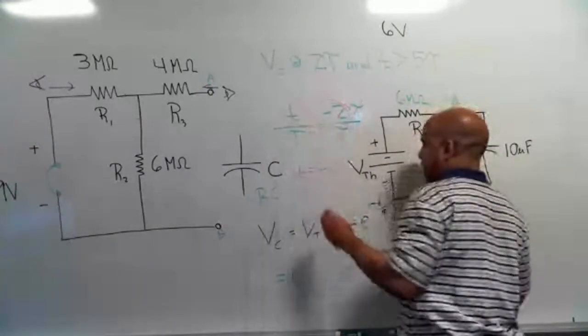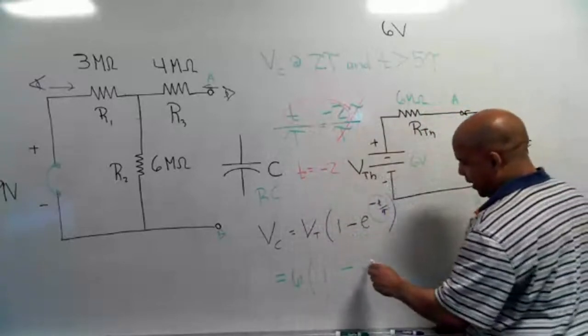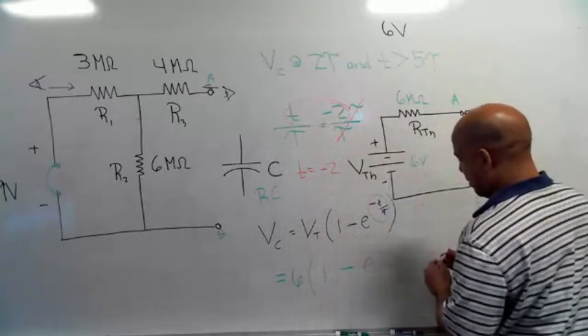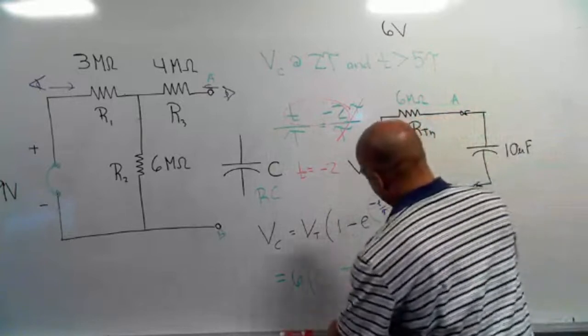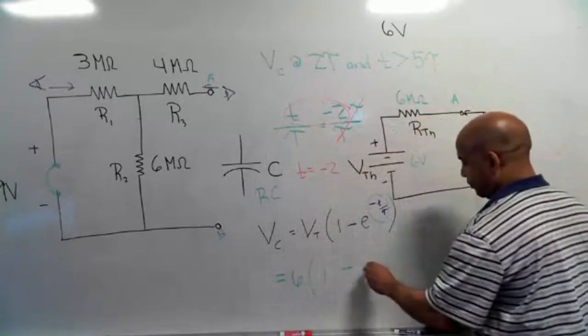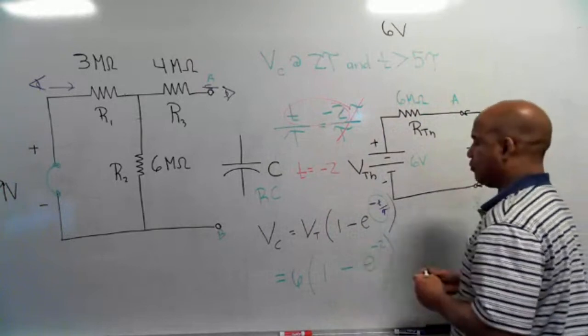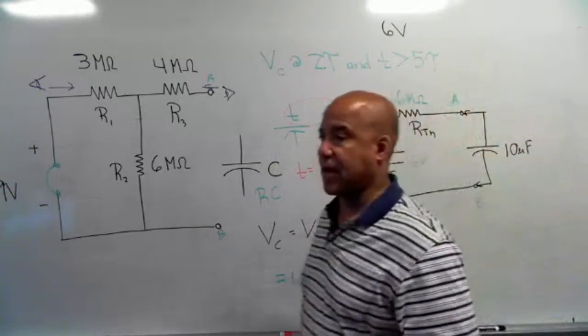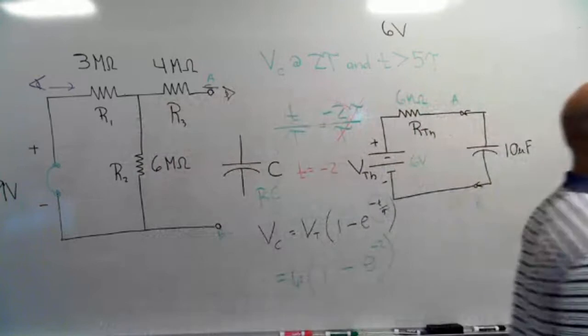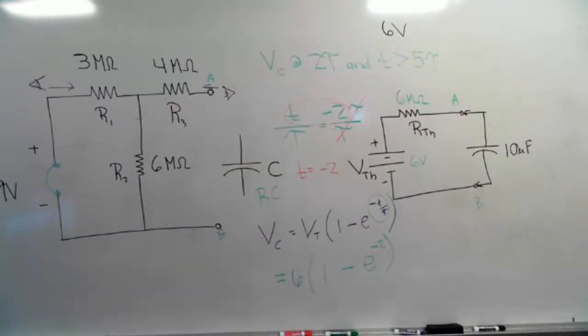So we'll have 1 minus e to the minus 2, and that's what I want to calculate. So go ahead and see if you can calculate that. I need to find my calculator, and I'll do the calculations right along with you.